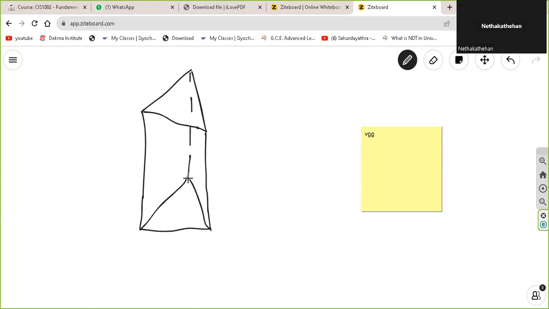It is given that the area of a triangular cross section is 42 square centimeter. Area of this part is 42 square centimeter.